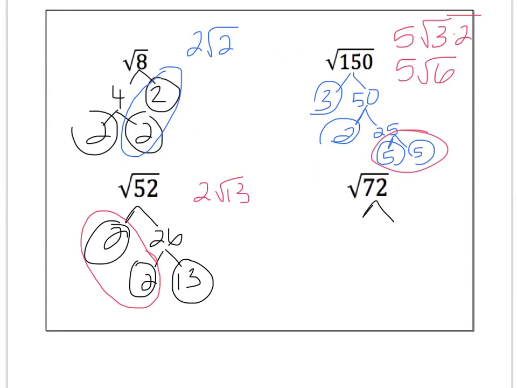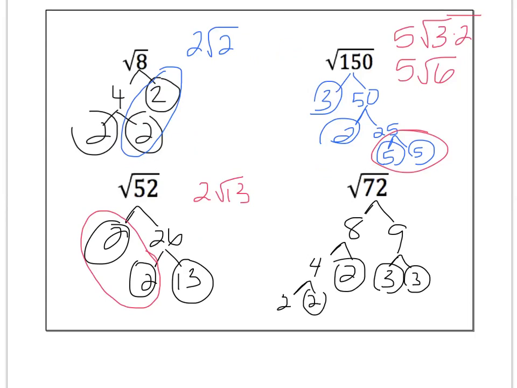Okay, so with this one, 72, 9 times 8 is 72, so let's do that. 9 times 8. Okay, and break down both of those numbers. We've got 9, which is 3 and 3. 4 and 2 can be multiplied to get 8, and then we have to break down that 4.